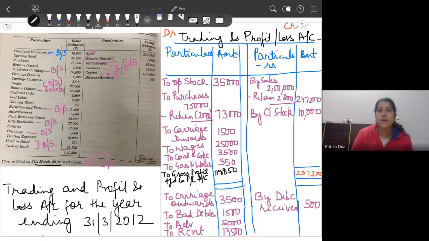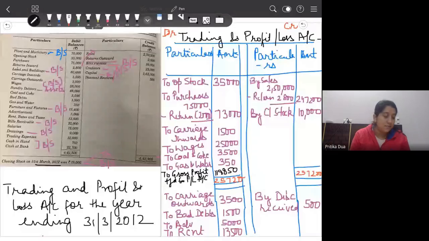Okay, so to gross profit transferred to P&L account 1,11,850, and the total of both the sides becomes 2,57,200. Please check everyone.